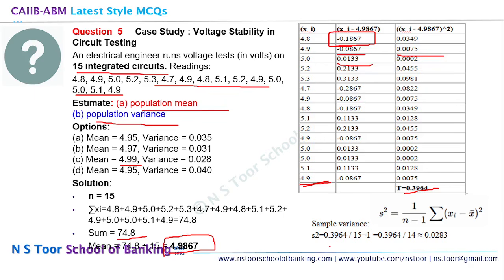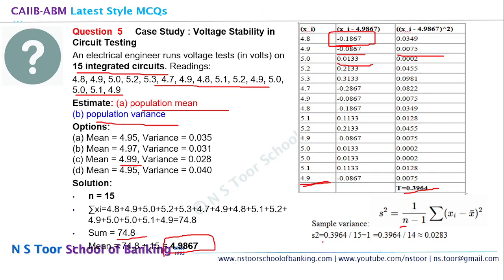Now how shall we calculate the sample variance? It is equal to 1 upon n minus 1. What is n here? n is 15 here. So n minus 1 is equal to 14. So 1 upon 14 into the sum of xi minus x bar square. What is the sum of xi minus x bar square? This is nothing but the third row in the table. How much is it? It is 0.3964.